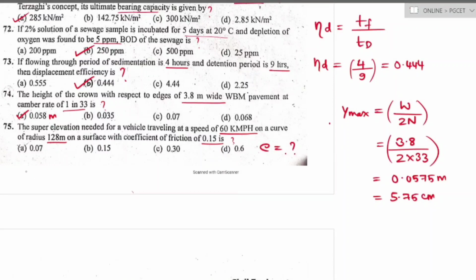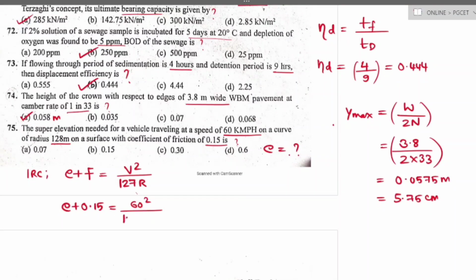As per IRC, E plus F is equal to V square by 127 R, that is, E plus coefficient of friction 0.15, where V is the design speed of the vehicle, 60 kmph, so 60 square divided by 127 multiplied by radius of the curve, that is 128.